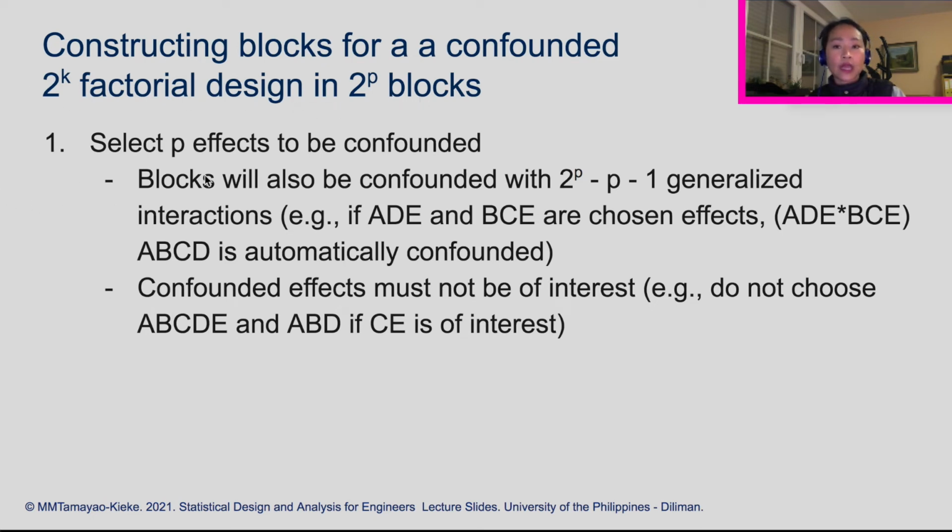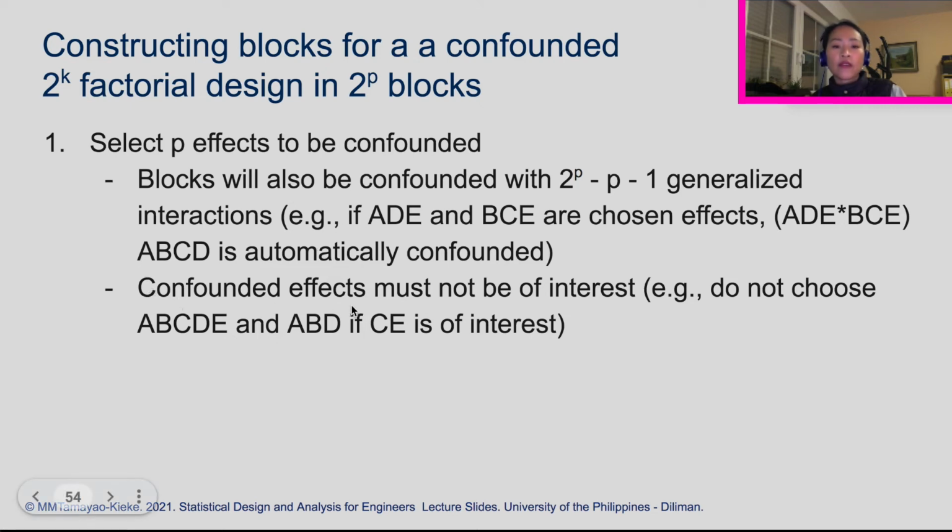The first thing is of course to select the p effects to be confounded. Take note that the blocks will also be confounded with the 2 to the p minus 1 generalized interactions. So for example, if ADE and BCE are chosen effects, then ABCD is automatically confounded. That is included in the 2 to the p minus 1 generalized interactions.